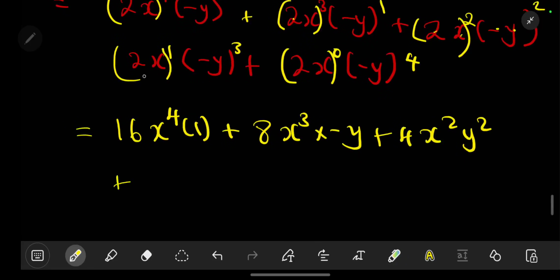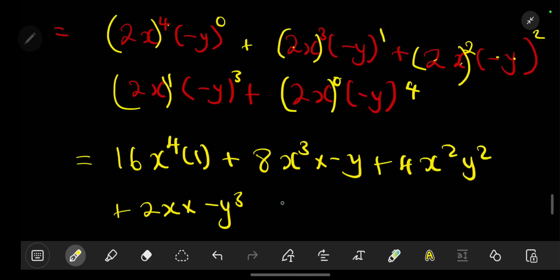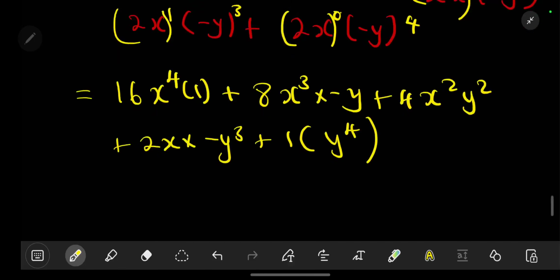Then plus 2x to the power 1, that will just be 2x, times negative y to the power 3. Then 2x to the power 0 is 1, then negative y to the power 4 will be y to the power of 4.